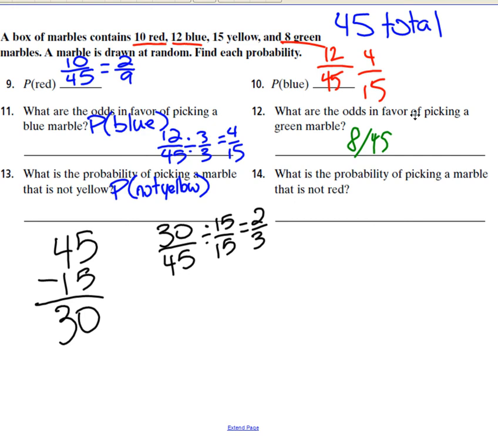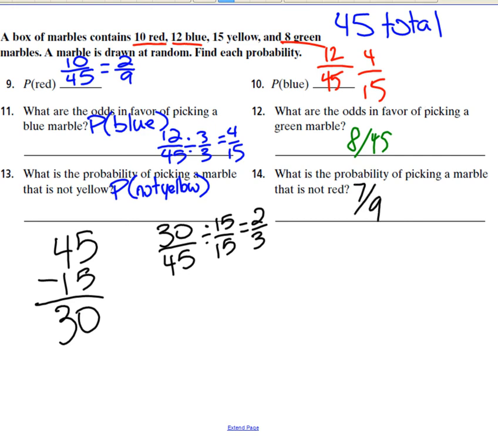We can't simplify that. So that's our final answer. Okay? How about number 14? How many of our marbles are not red? 35 out of 45. What does 35 over 45 simplify to?